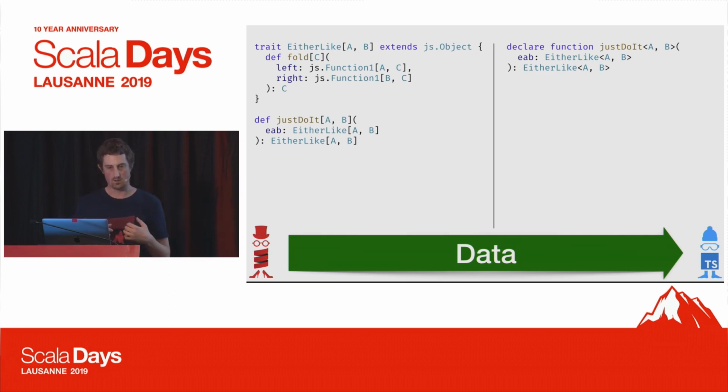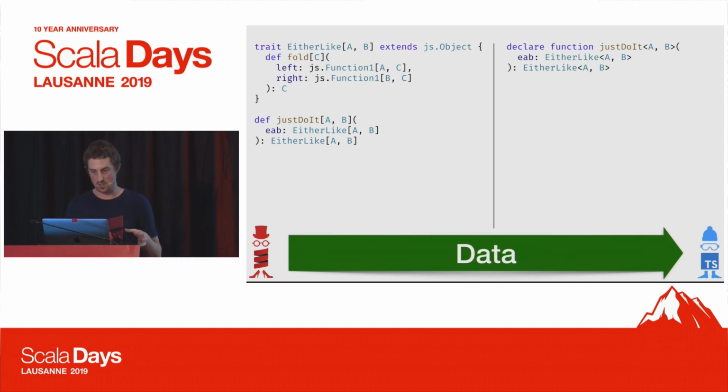So it's tempting, and we tried initially to implement something like either on the ScalaJS side so that we could use it in Scala and also in TypeScript, but eventually came to the realization that it seems to work better if we implement either in TypeScript, because we get TypeScript semantics, TypeScript syntax. It just seems to work better with the rest of the app.